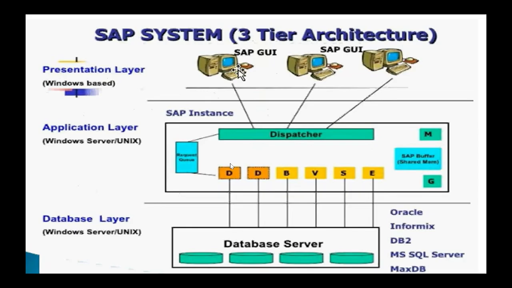Similarly, in the construction of a building, various laborers have various specialties, like somebody is special in brickwork, somebody in plaster, somebody in POP, some in centering, likewise. So here the work processes have their specialties.